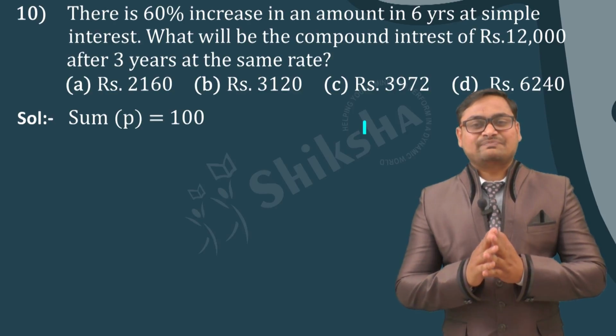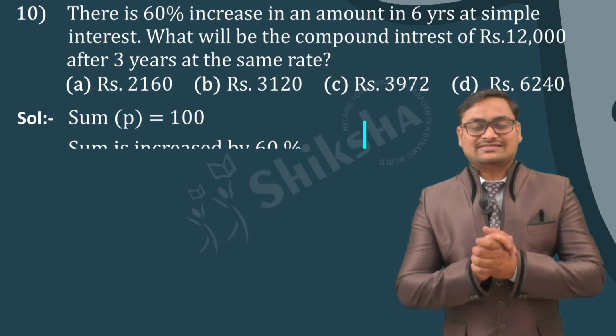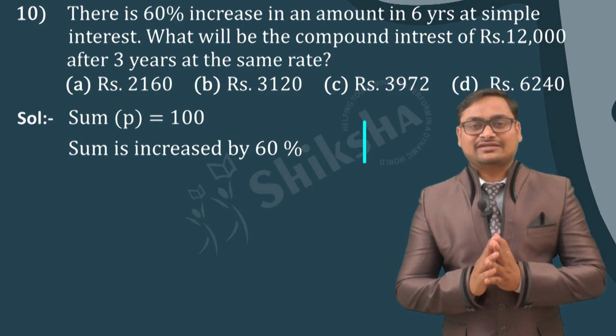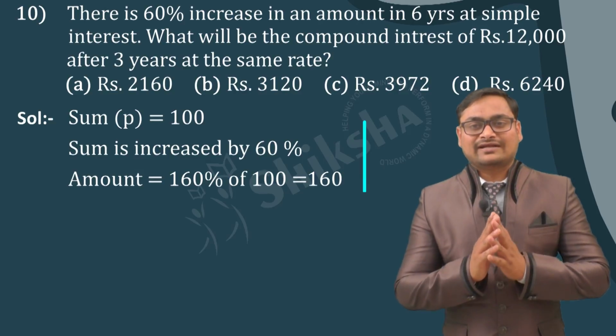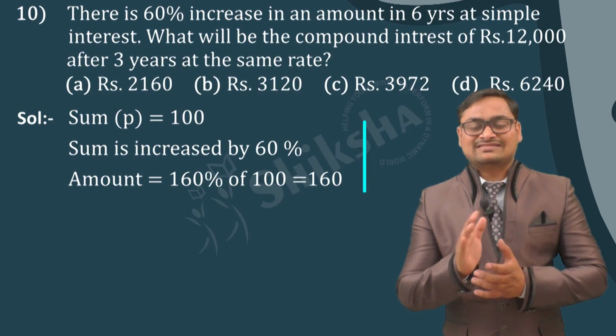Let the sum, that is P, equal 100. Then the sum is increased by 60%, that is amount equals 160% of 100, which is equal to 160.